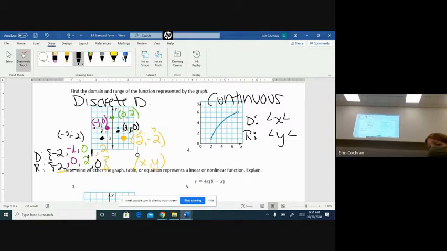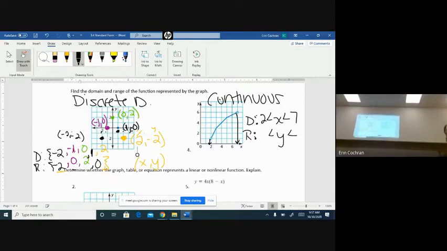Remember, my domain is the x values. What axis is the x, the horizontal or the vertical? The horizontal. So we're going to go from the farthest point to the left to the farthest point to the right. My farthest point to the left is here at what number? 2. And the farthest one to the right is at what? 7.